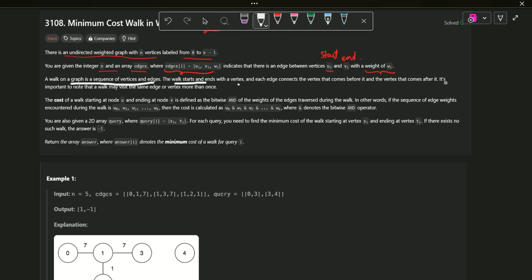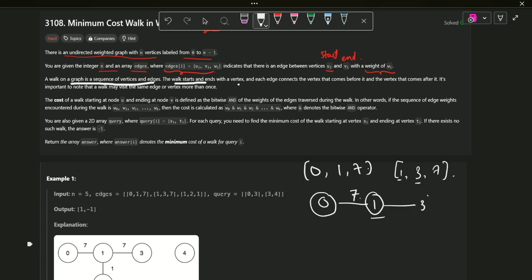That means if they have given 0, 1, 7, it states that the starting vertex is 0 and the ending vertex is 1, and the weight or the cost is 7. Now, if they give 1, 3, 7, this is the starting vertex, this is the ending vertex, that is 3, and the distance is 7.